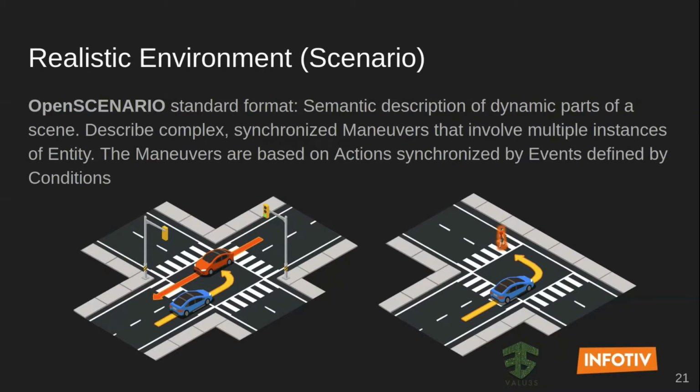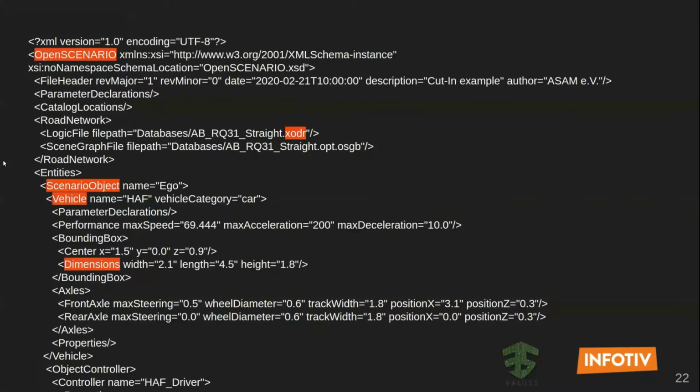For example, you can write something like at time t, go from point A to point B using path P. It has a language like that. Or it helps you easily describe a situation like this: when you get close to the blue car, increase your speed to 10 or press the brake pedal. And this is an example of an OpenScenario file. Again, you can describe the vehicle and its dimensions and when things should happen, basically.